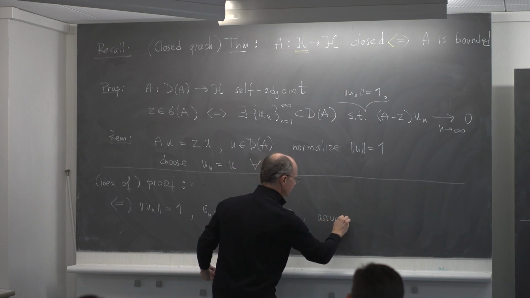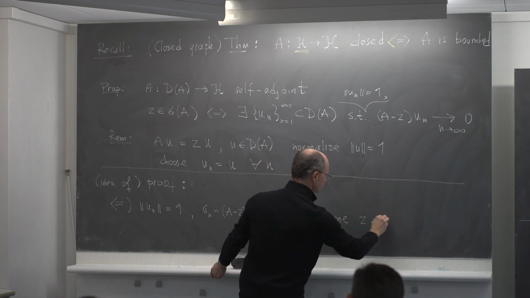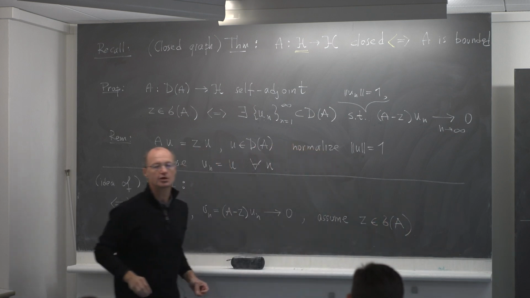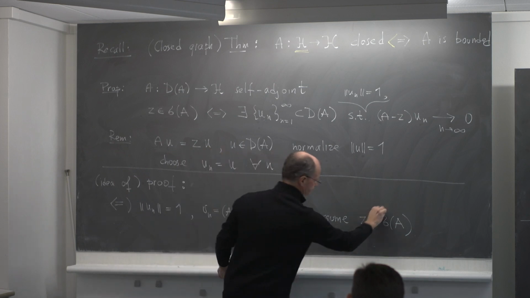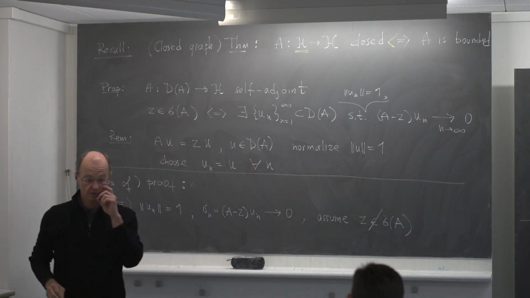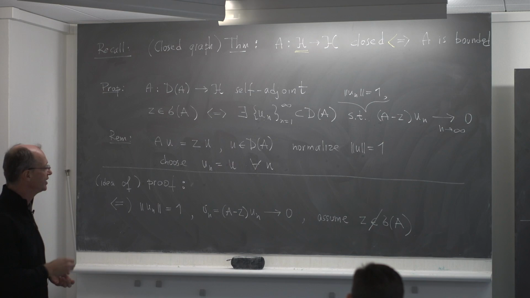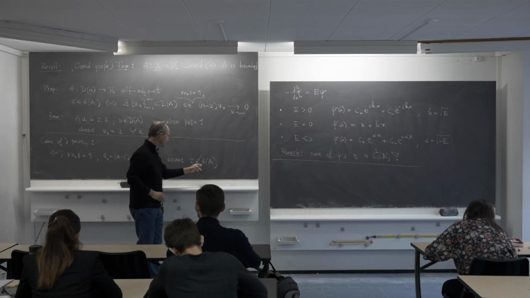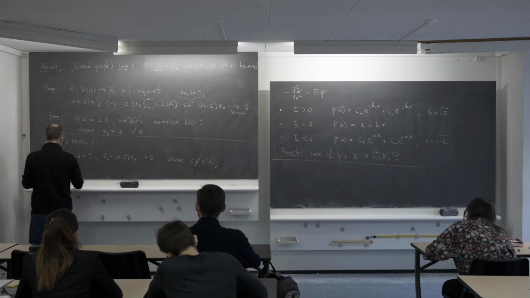So by absurd, assume Z is not in sigma of A. If Z is not in sigma of A, then this means it's in the resolvent set of A.